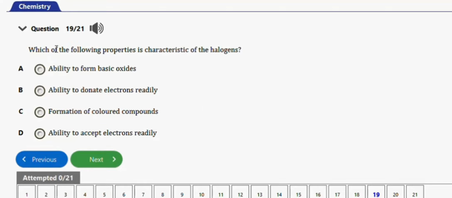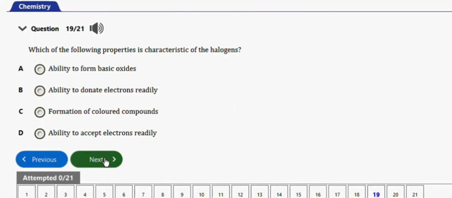It says which of the following properties is characteristic of the halogens? So we have option A, ability to form basic oxide, ability to donate electrons readily, formation of colored compounds, ability to accept electrons readily. So guys, the right option in this question would be option D, ability to accept electrons readily. That's it for this question.